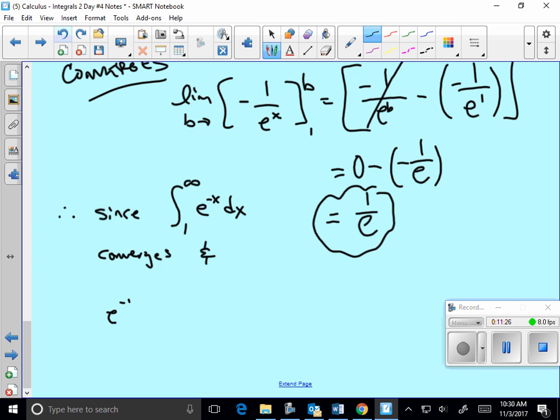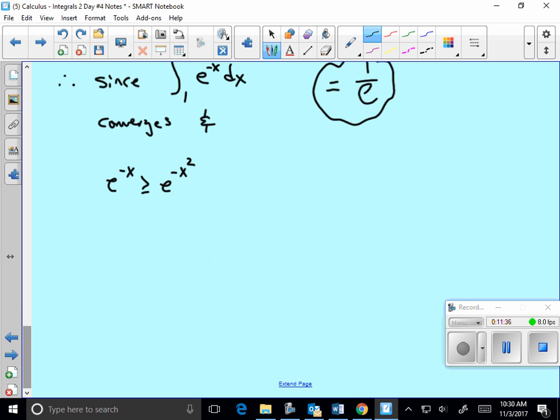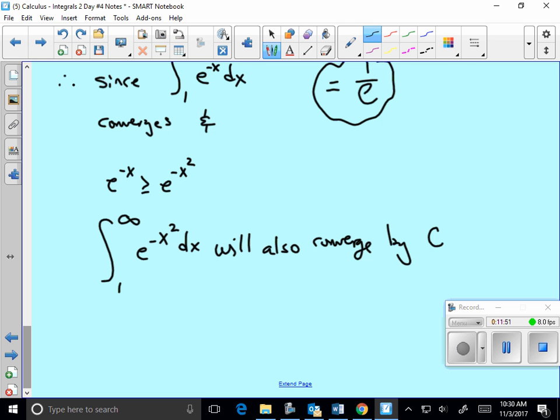Since e to the negative x will always be greater than or equal to e to the negative x squared, that tells us that the integral from 1 to infinity of e to the negative x squared dx will also converge by what's called the comparison test.